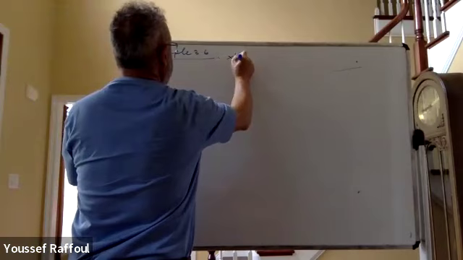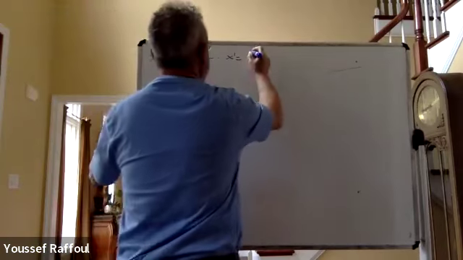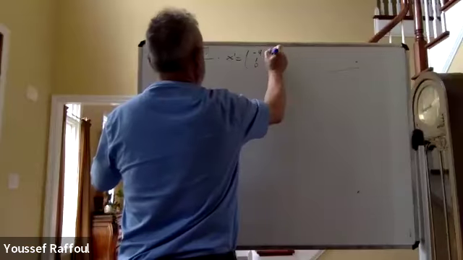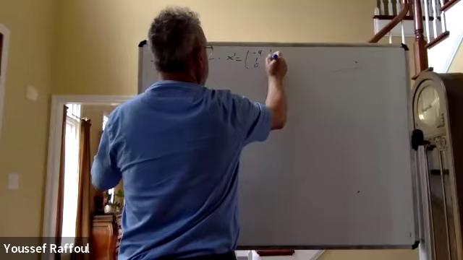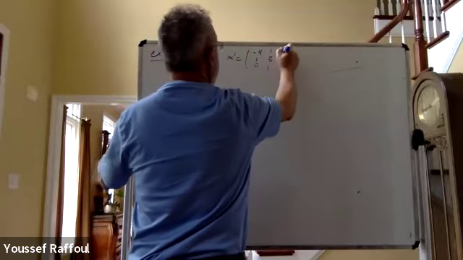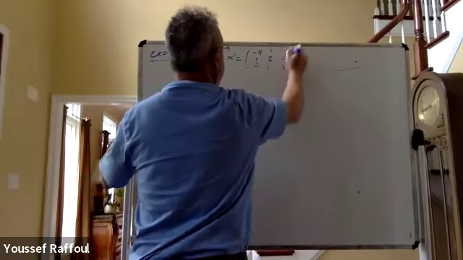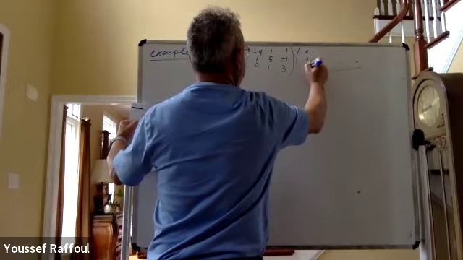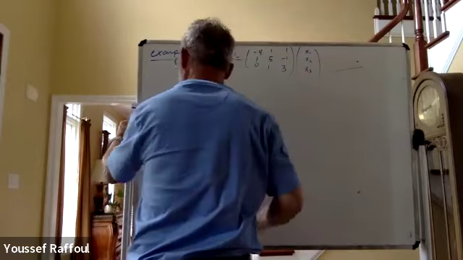Example 3.6, we have x prime equal to the matrix -4, 1, 0, 1, 5, 1, 1, -1, 3 times x1, x2, x3.